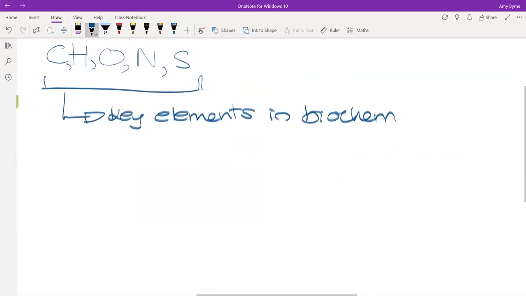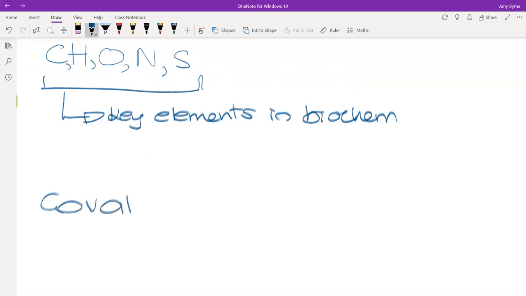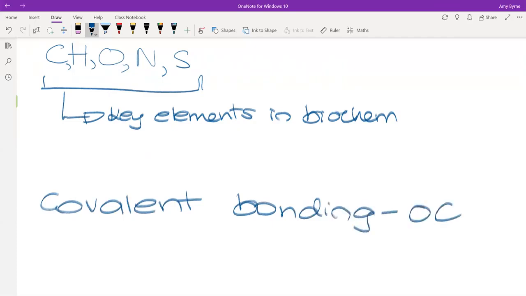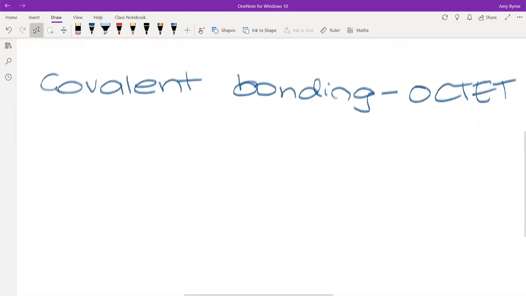So covalent bonding still follows that octet rule or guideline that I discussed in the ionic video. But let's break down what this word means.